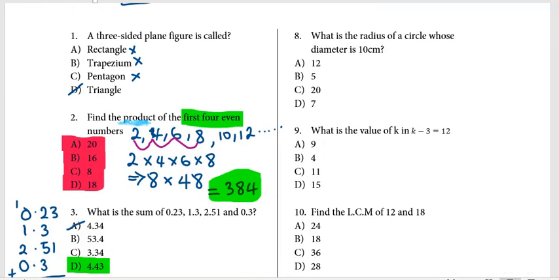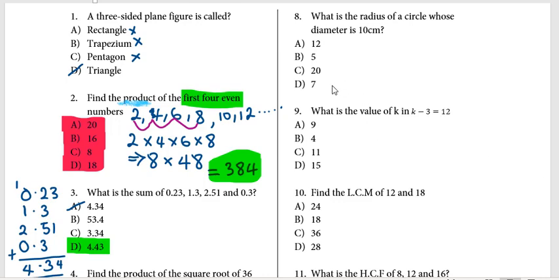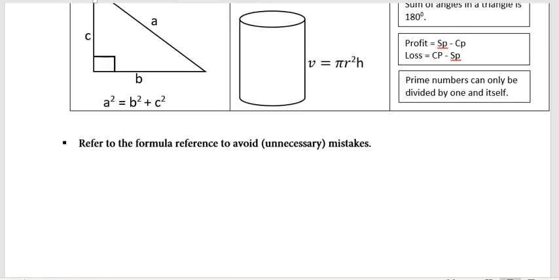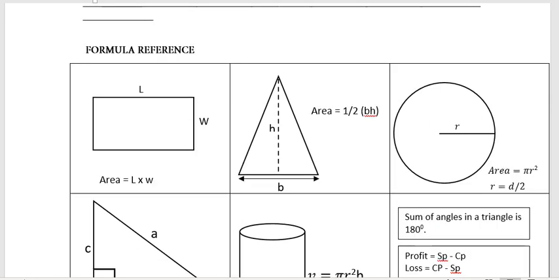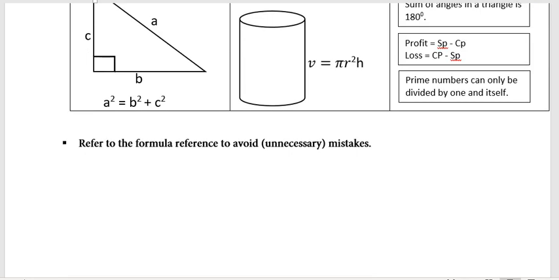Okay, question 8 says, what is the radius of a circle whose diameter is 10? I think the formula reference has some information about circle. Let's go to that information and see if we can have something. Wow, so we have something right here, and this is its radius. Radius of a circle is diameter divided by 2.